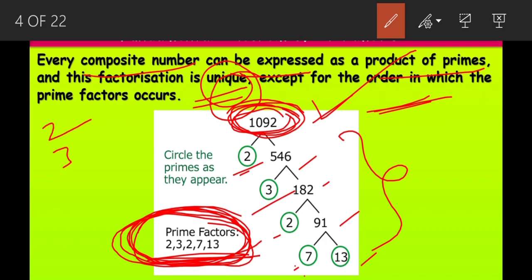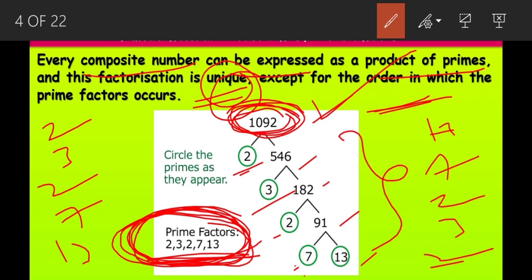We can write 2, 3, 2, 7, 13, or we can write 13, 7, 2, 3, 2. Like that, in writing the product we may change the order, but the elements do not change.